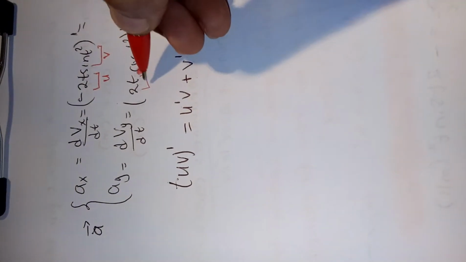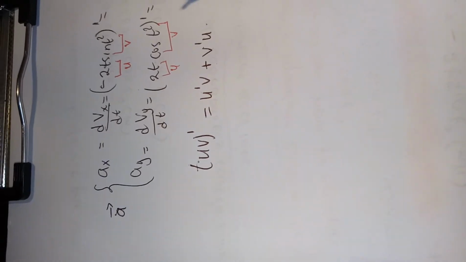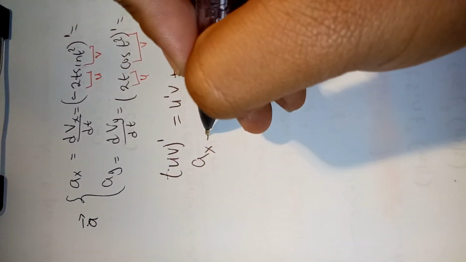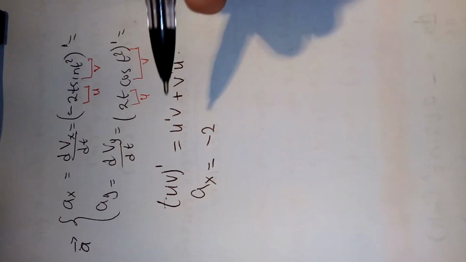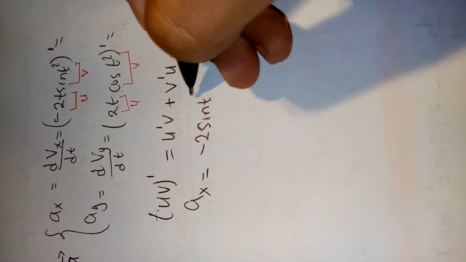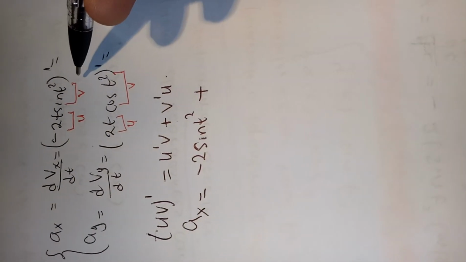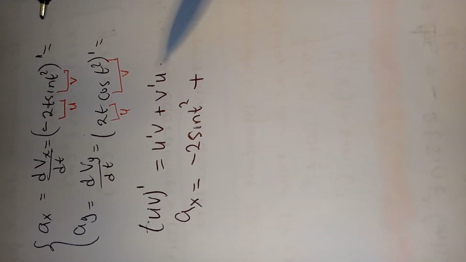So in this case, I'm going to call my u negative 2t, and then my v sinus t square. Same thing here, my u and then my v. So we apply the same rule, okay? So what are we going to have? Our ax would be deriving u, the derivative of negative 2t is going to be negative 2, and then we leave our v, that's sinus t square, then plus derive our v, derivative of sinus is cosinus, right?